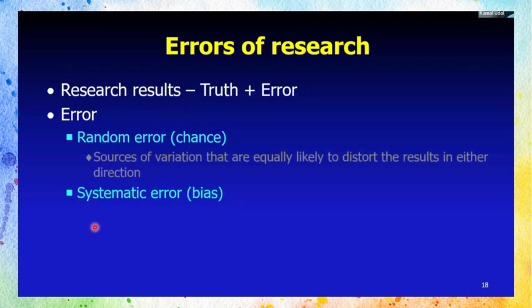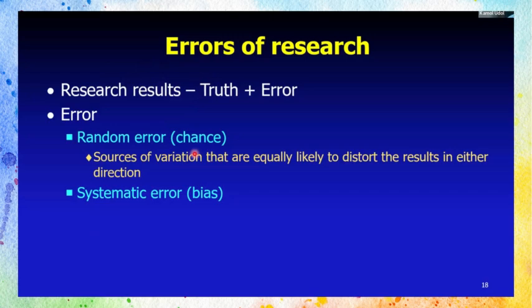These two types of error are different. For random error, there are sources of variation that are equally likely to distort the results in either direction. So random error might overestimate the results, so that the results are greater than the truth.